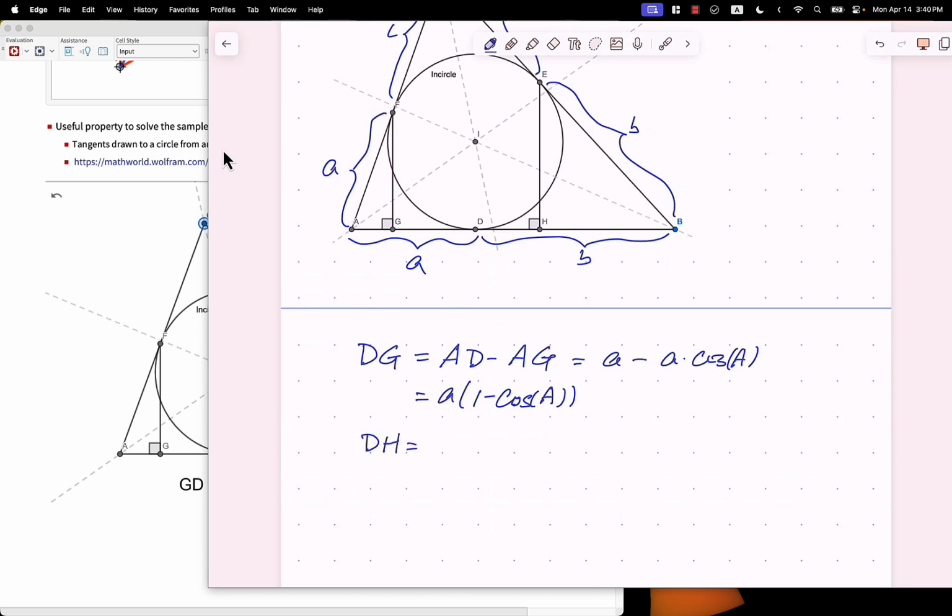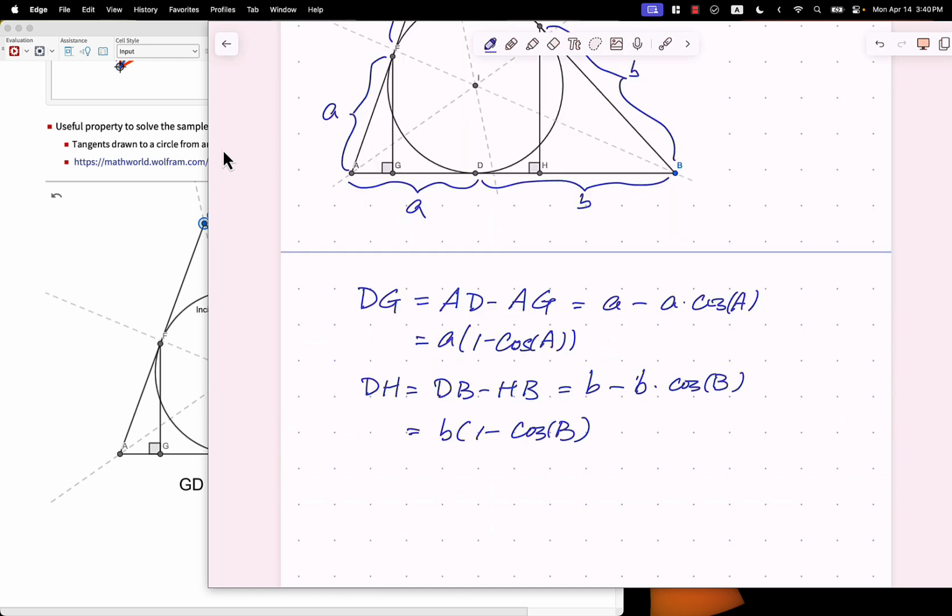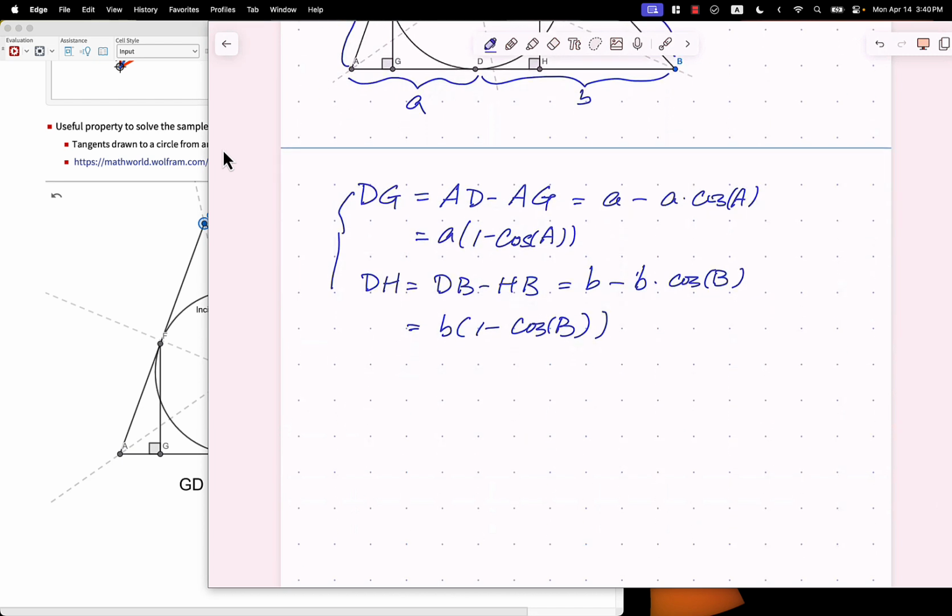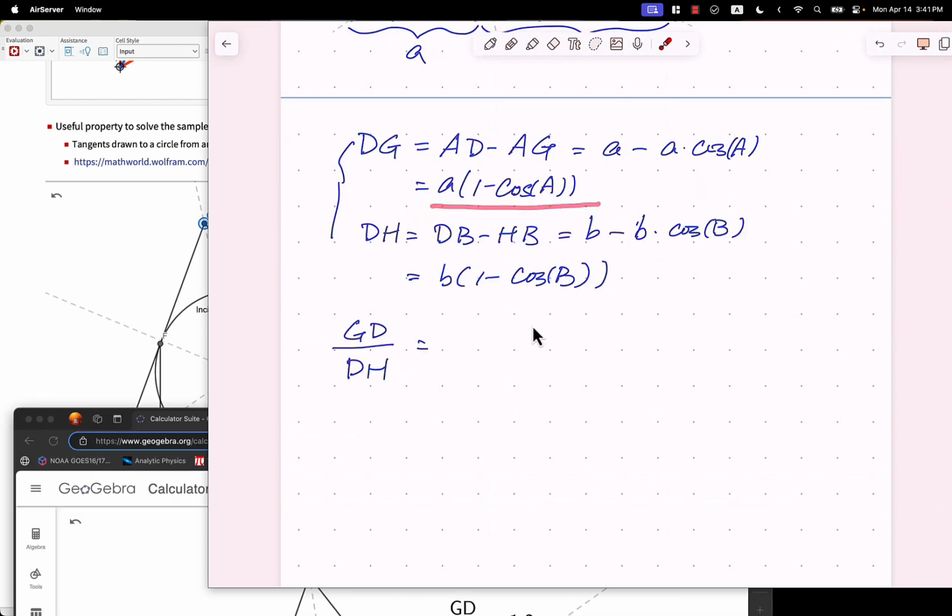It is DB minus HB, and DB is b, and HB is b times cosine B. All right. So the next step is we are going to find the ratio: a times 1 minus cosine A over b times 1 minus cosine B.